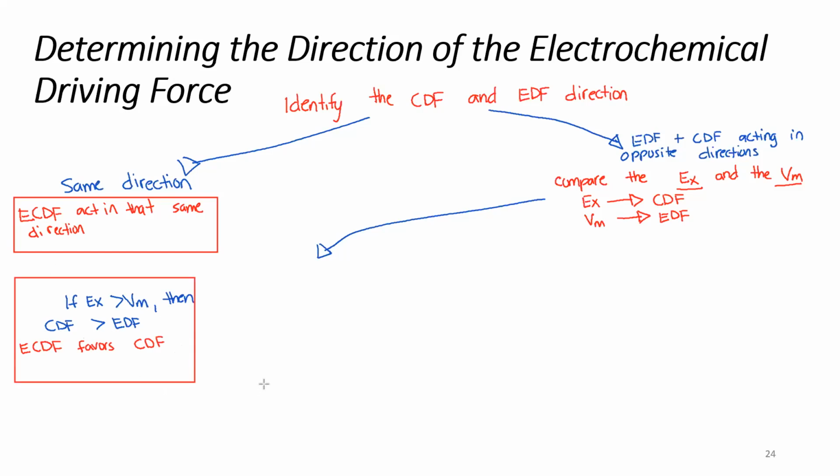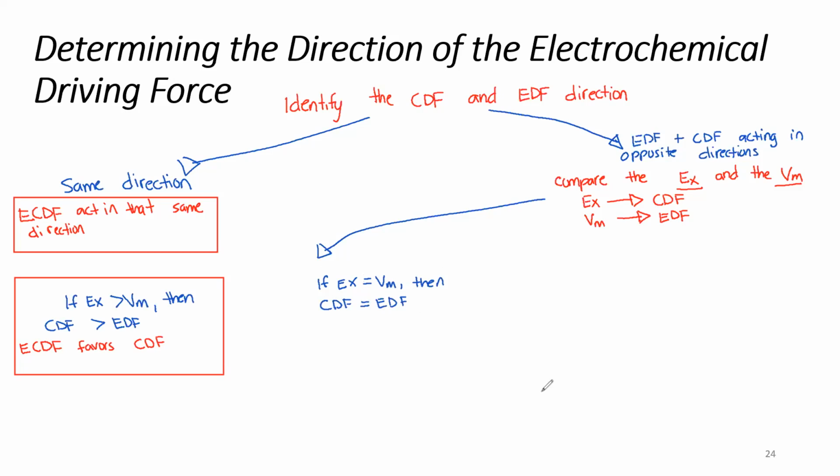The second scenario is if they're equal, right? Let's say they're in opposite directions, but they're equal. And we talked about that a while ago. So if the equilibrium potential is equal to the membrane potential, then we have the CDF, or chemical driving force, being equal to the EDF, or electrical driving force.